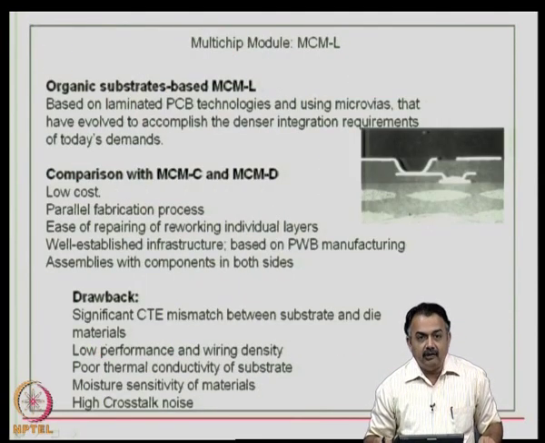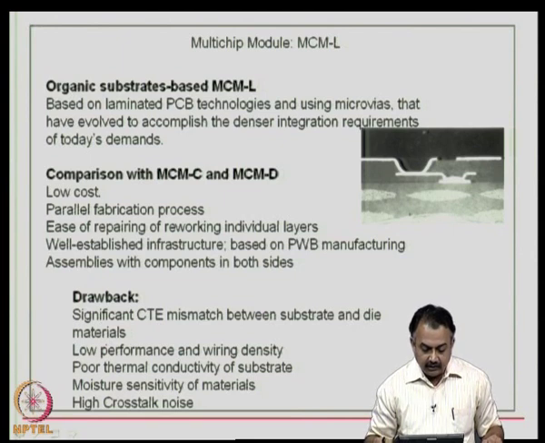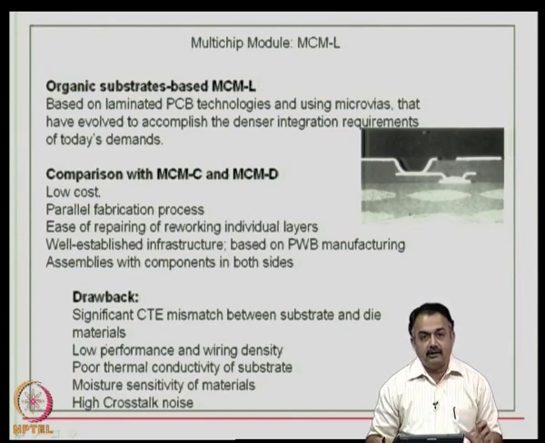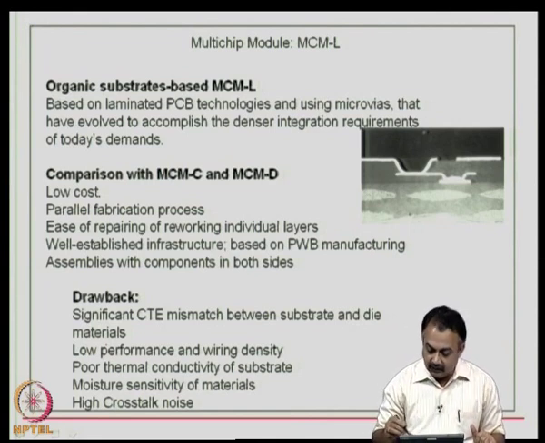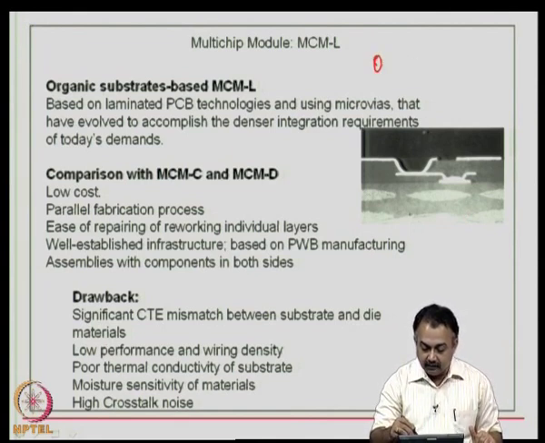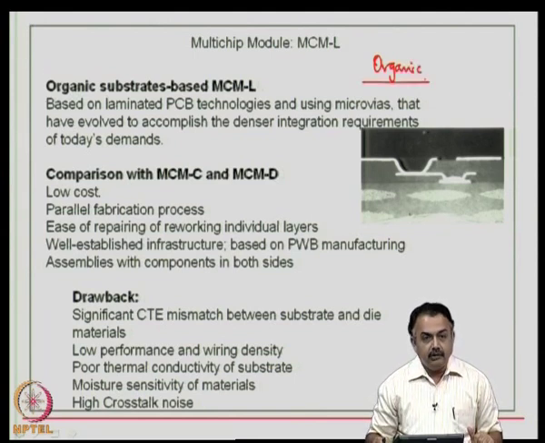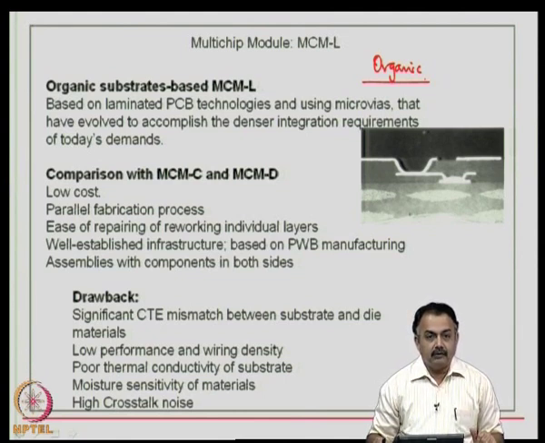Now, briefly in one slide I would like to mention the multi-chip module L type fabrication process. Remember, we are going to discuss these technologies in detail when we look at PWB technologies later. So, in an MCM-L type of structure, we are going to use organic substrates. So, that is the key part of it. Now, if you look at the PCB technologies, we are going to use what is known as laminates.